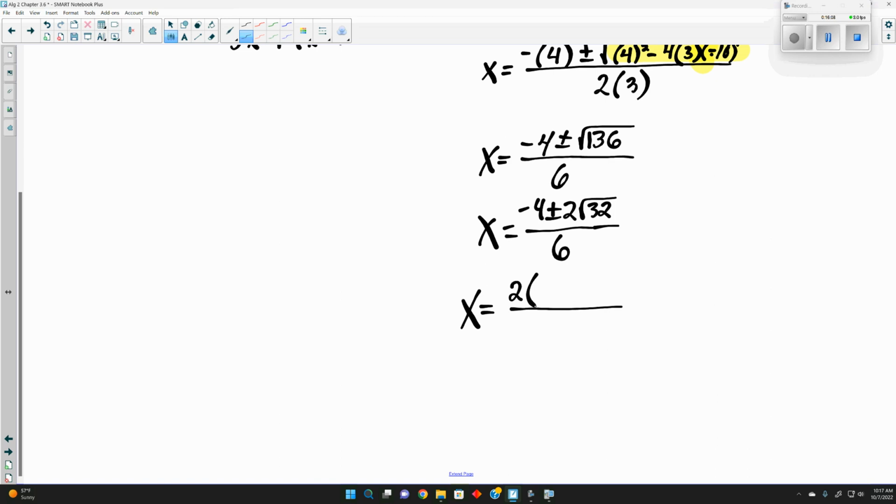And if I factor a 2 out of the numerator, we would have -2. Because if I pull a 2 out of 4, I divide 4 by 2, I get 2. If I factor a 2 out of 2, we get 1, so we're just left with the square root of 32. And this is all over 6, yes?